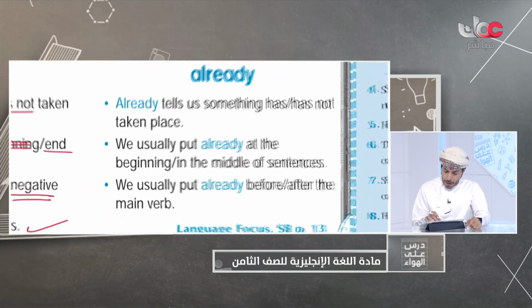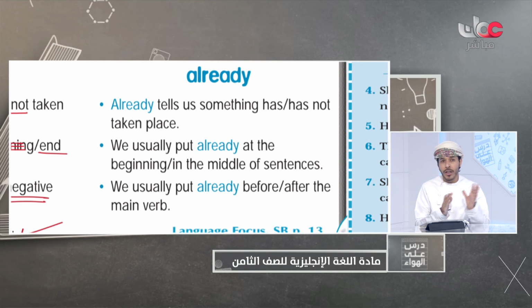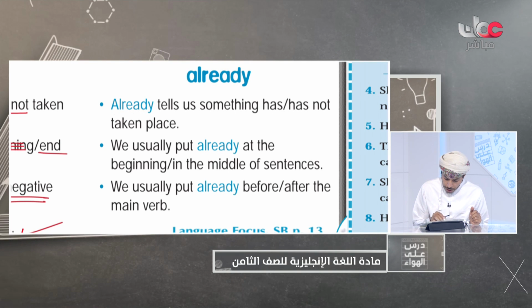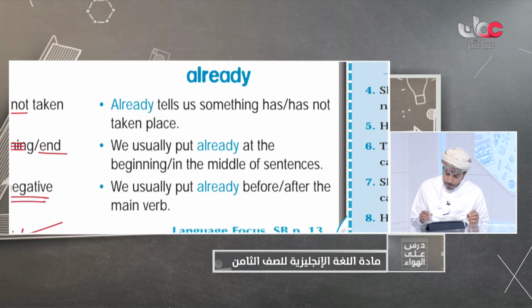Good, guys? Then we have already, and we said it is totally different from yet because it is in the middle of the sentence and it means something that you have done previously. So already tells us something has or has not taken place. Of course, has taken place. So this is the answer: has, not has not.